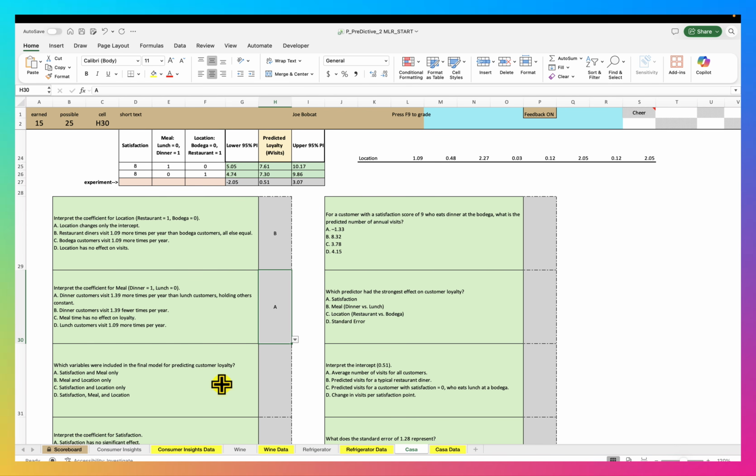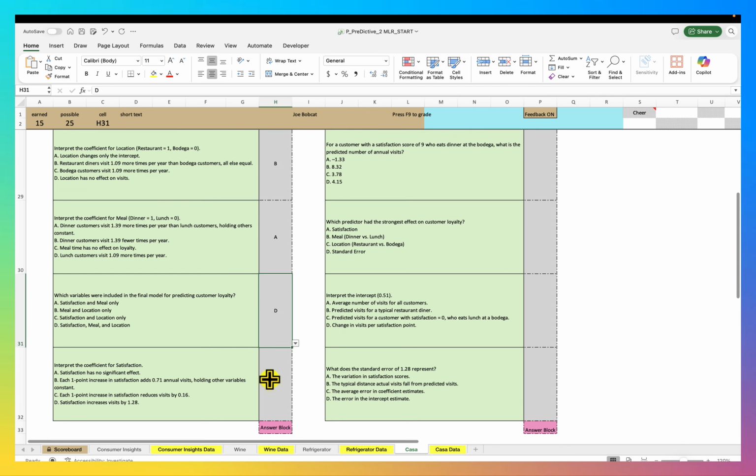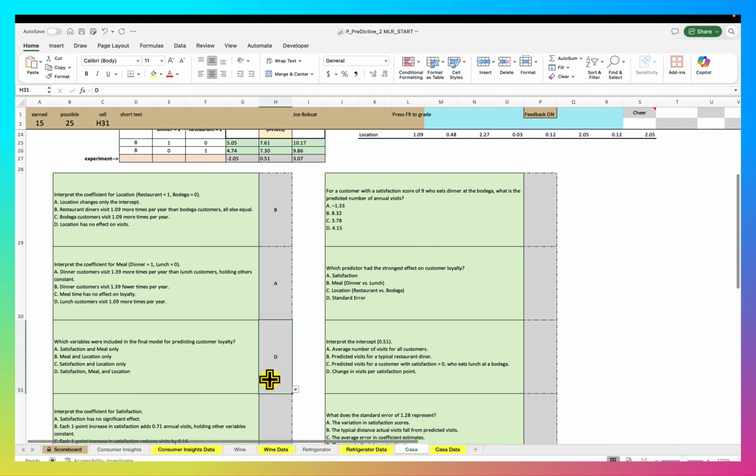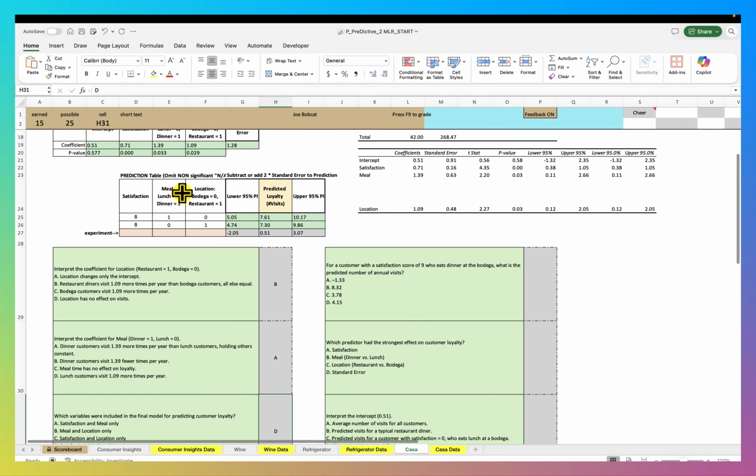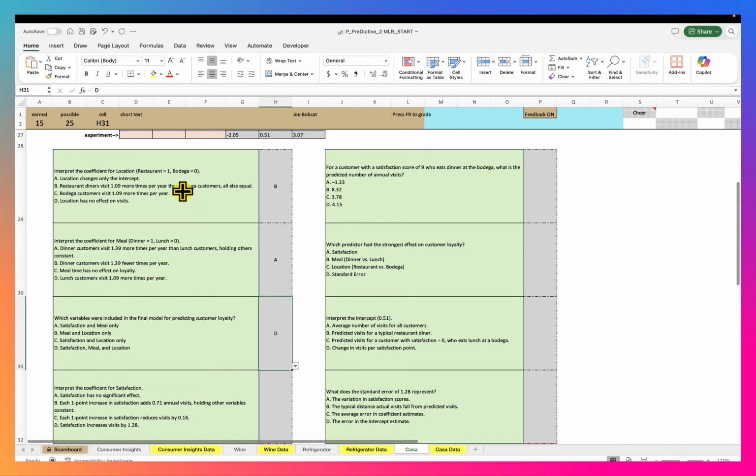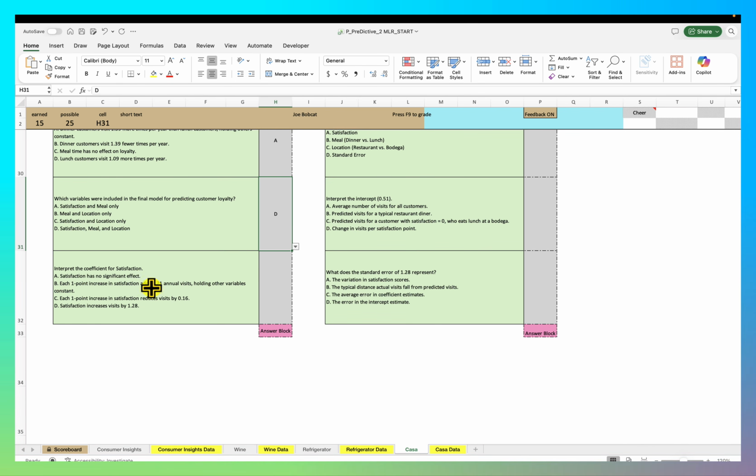Which variables are in the final model? Well, all 3. Satisfaction, meal, and location. And interpretation coefficient for satisfaction, which was a 0.71. So each 1 point increase in satisfaction adds 0.71 annual visits, holding all other variables constant.